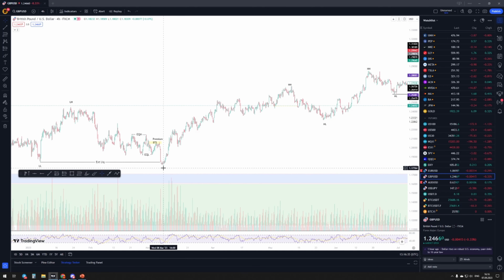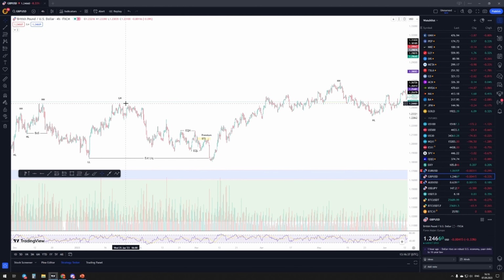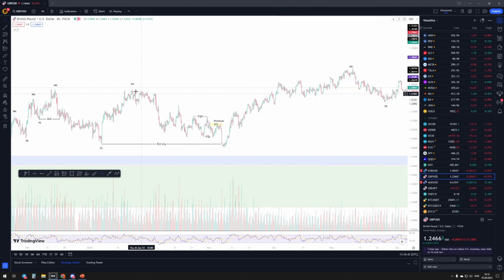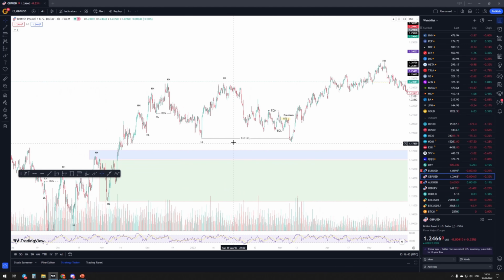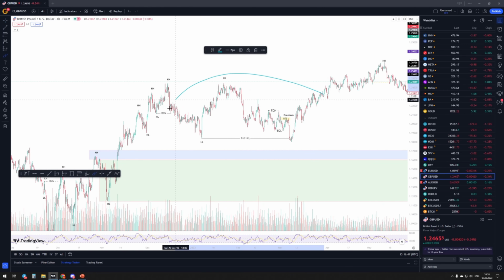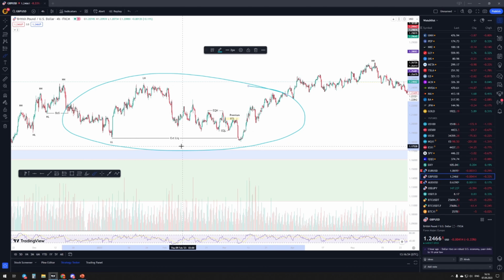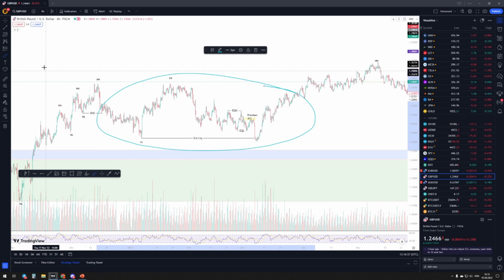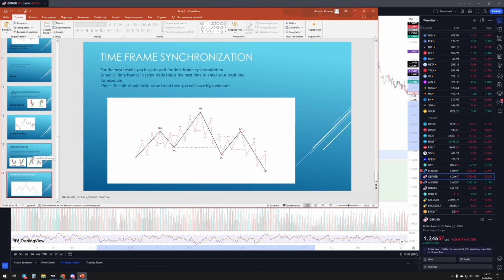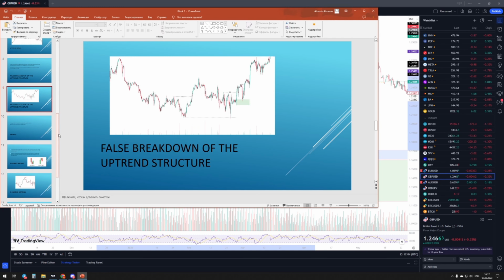We had this lower low, but then we had a break of market structure right here, but probably all this part of the chart is kind of difficult to identify. This is what I've been talking about, a false breakdown of the market uptrend structure.